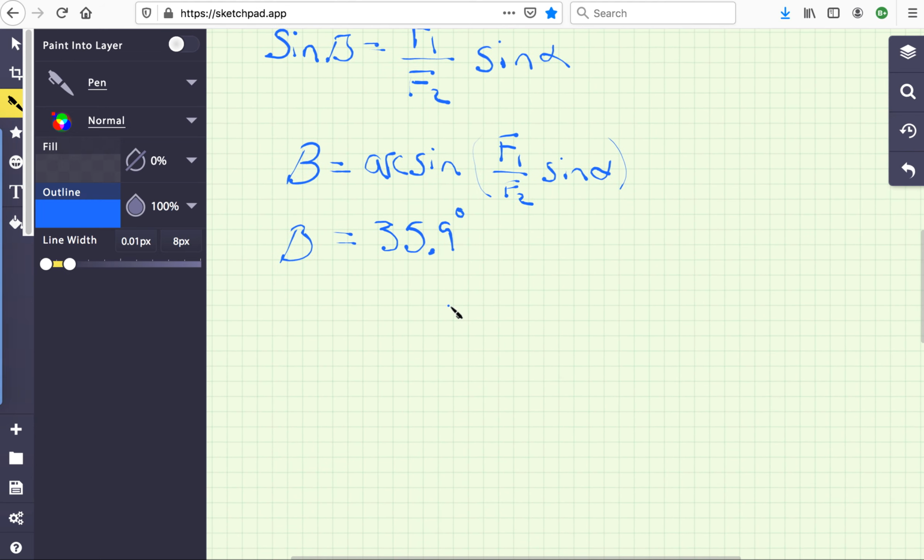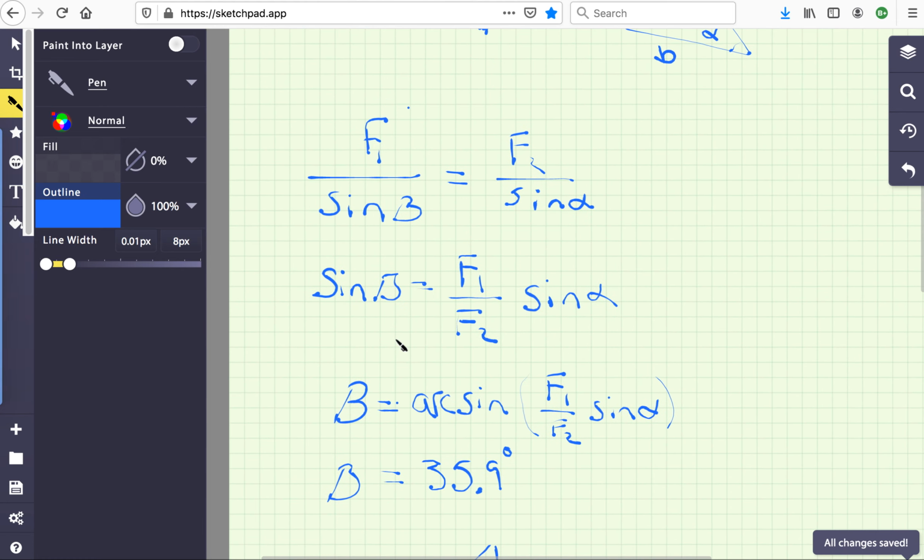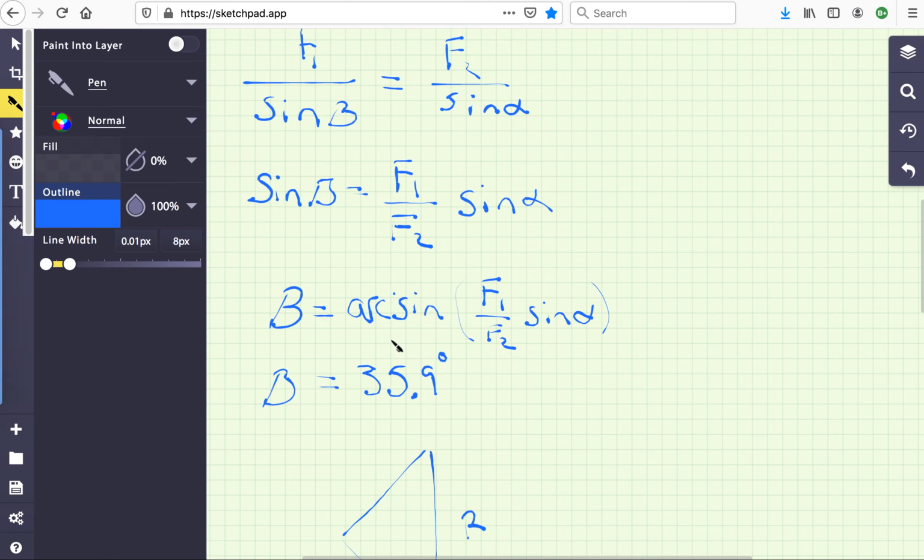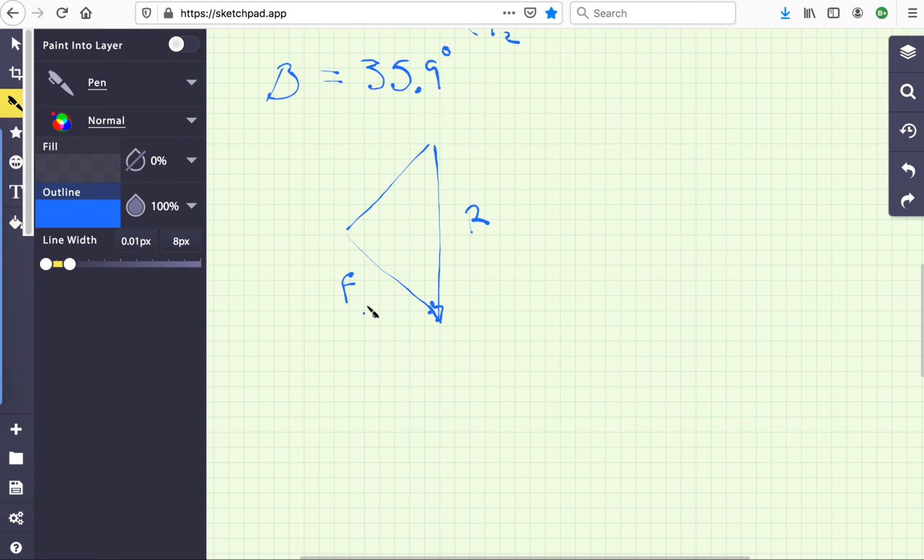So if we redraw this diagram again, where this is the resultant, and this here is F1, and we have F2, we know that this is alpha, we know that this is beta, and we want to solve for theta.